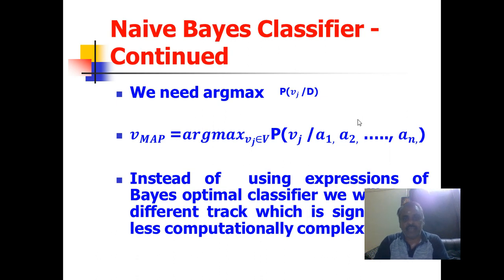Basically, we need argmax over Vj, an element of capital V, of P of Vj given D, where capital D is the data. So the MAP classification V_MAP is equal to argmax over Vj, an element of capital V, of P of Vj given A1, A2, and so on up to AN, where A1, A2, up to AN is our data or the instance.